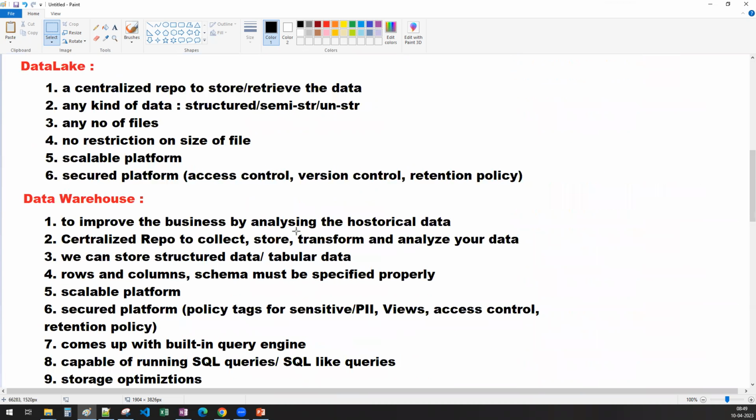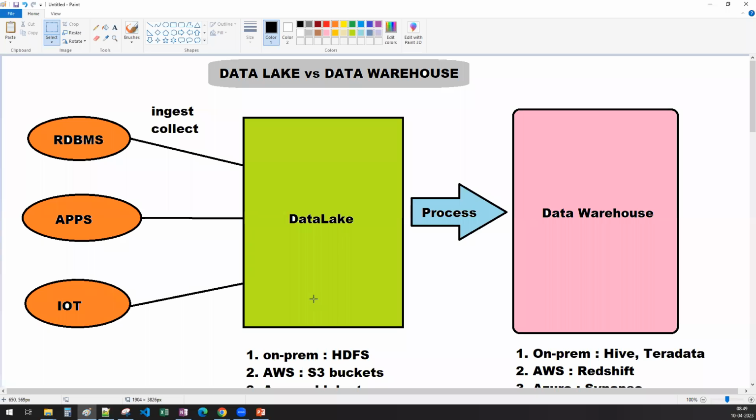So first, let us understand what the data lake is, sir. A data lake is a centralized repository to store the data from multiple data sources. Here you can store any amount of data, any number of files, and any format of data as well.